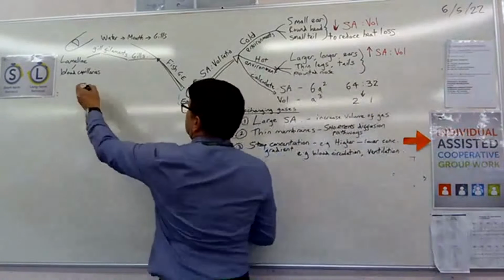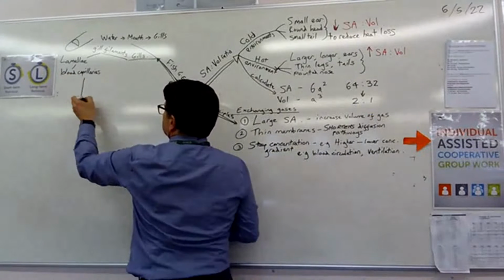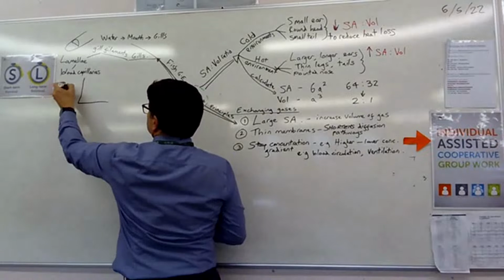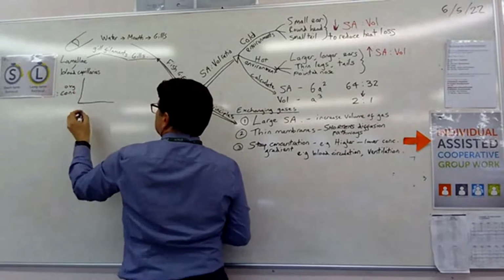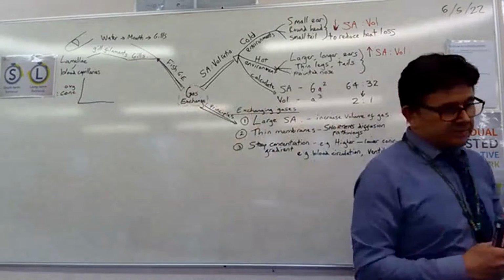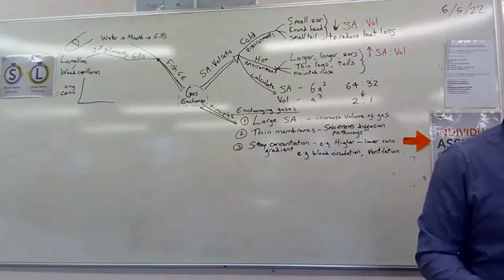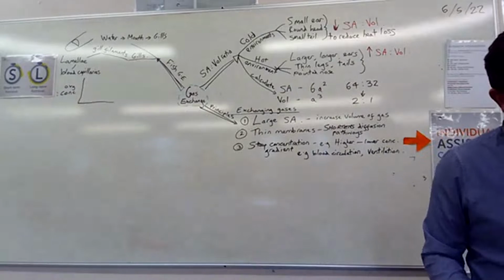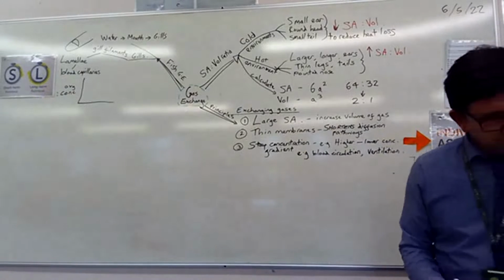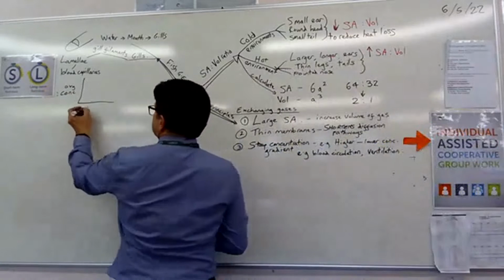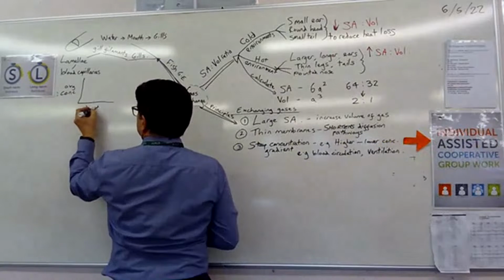So I'm going to draw a little diagram. So here's oxygen concentration, and distance along the gill filament.